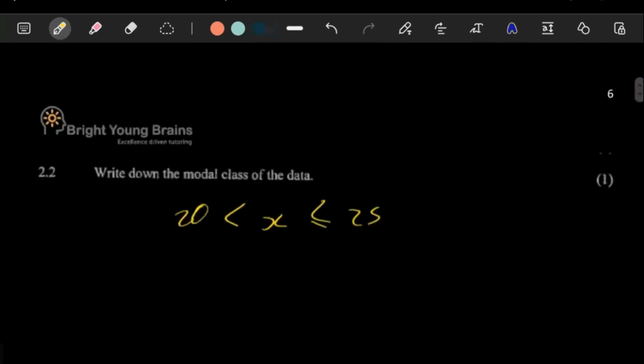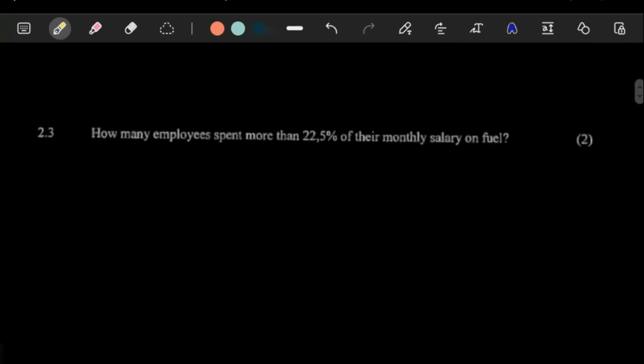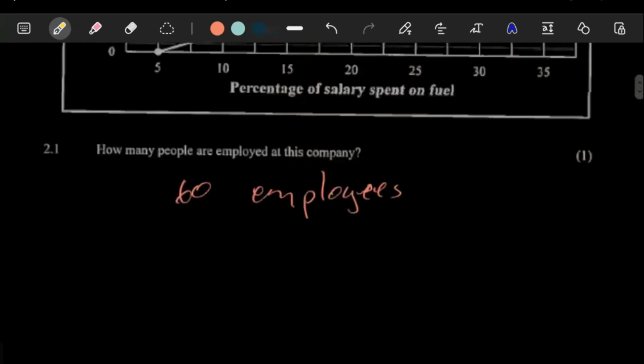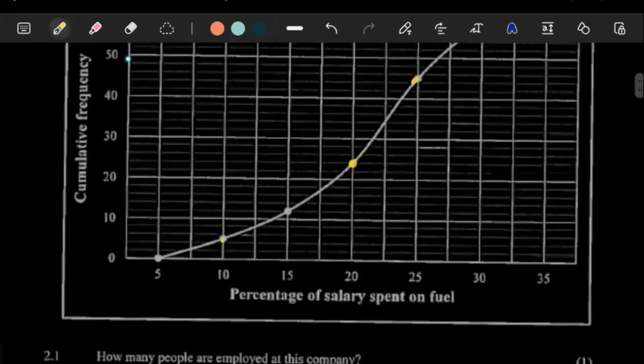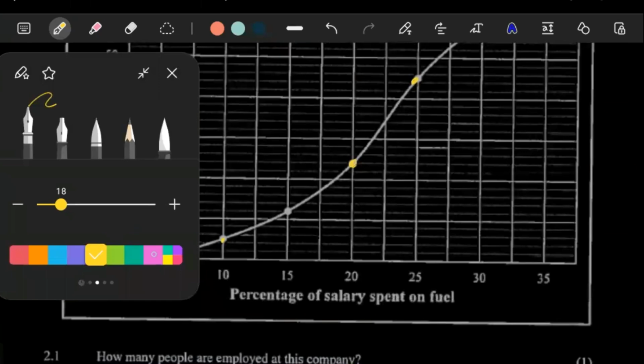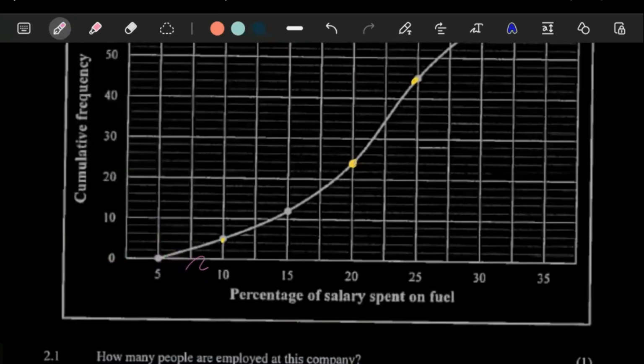And then it says here, how many employees spent more than 22.5% of their monthly salary on fuel? So what you want to remember is in the middle of all these classes, like here in the middle, you have 7.5 because it's 5 plus 10 divided by 2.